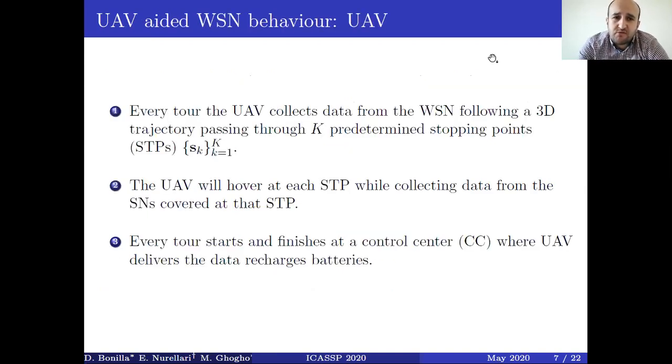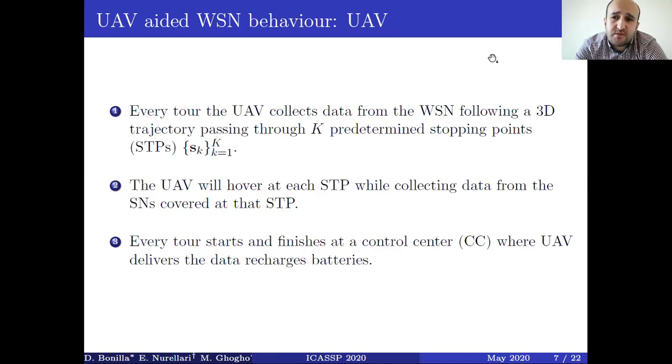Right. So how do we task the UAV to collect the data? First of all, we assume that every tour the UAV collects some data. It does not necessarily need to serve the whole network in a particular tour, and the UAV does so by following a 3D trajectory passing through key predetermined stopping points.